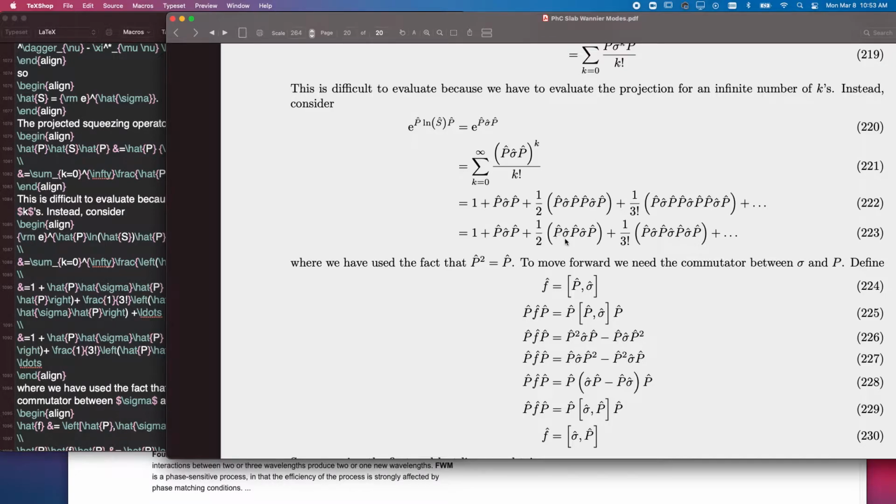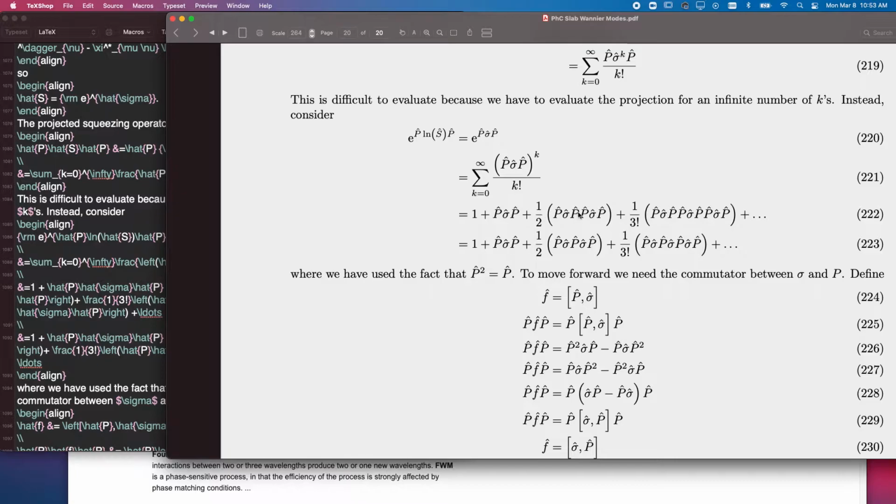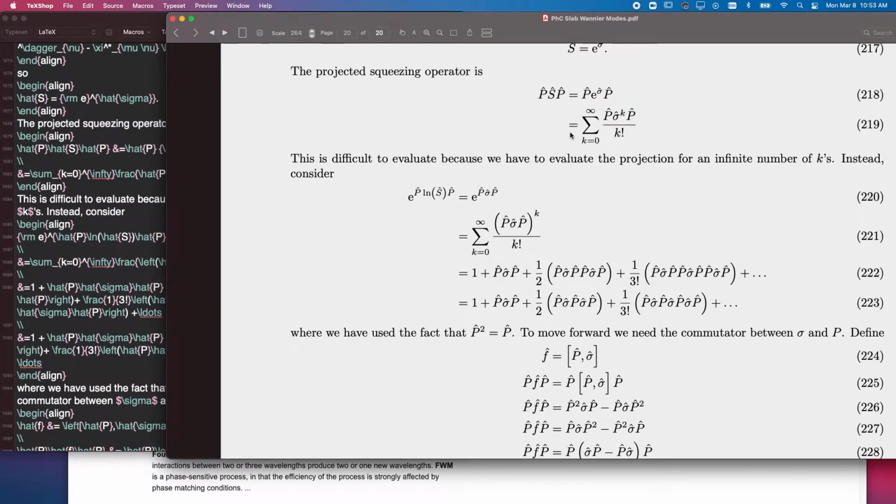And then I'll get p sigma sigma pp, but pp is p, so I get p sigma sigma, which means I can pull the two p's to either side, and everything will be fine, as you'll see, because I'll get a sigma squared, sigma cubed, sigma to the power 4, all that inside of p's on both sides, and then it's equivalent to this, so then you can prove that e to the p sigma p is equal to the same as p s p.